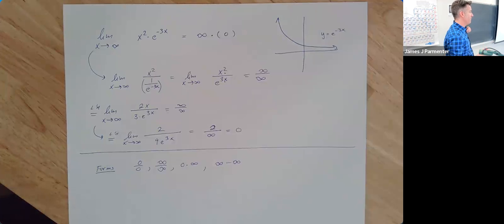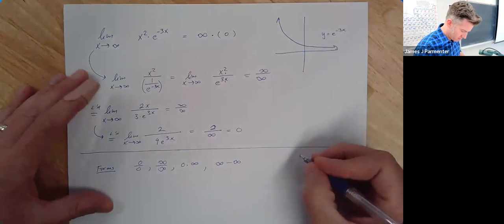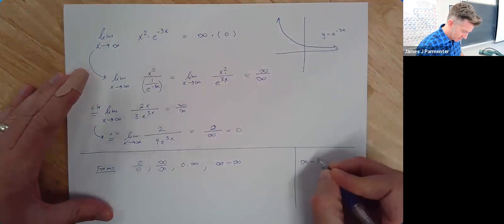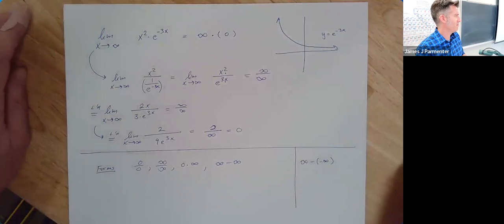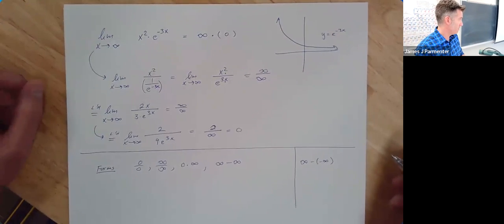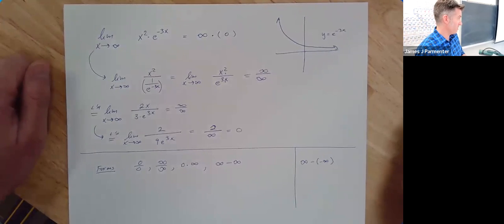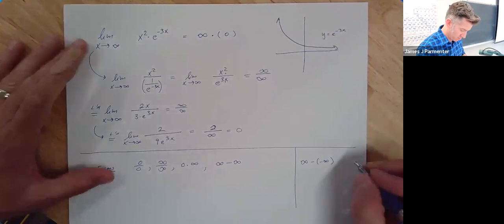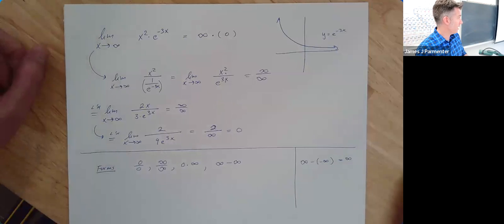And for the infinity minus infinity, the signs do matter. It's a positive infinity minus a positive infinity. Because if you had infinity minus negative infinity, that wouldn't be indeterminate. That'd be infinity plus infinity, which is still infinity large. There's nothing to see there.